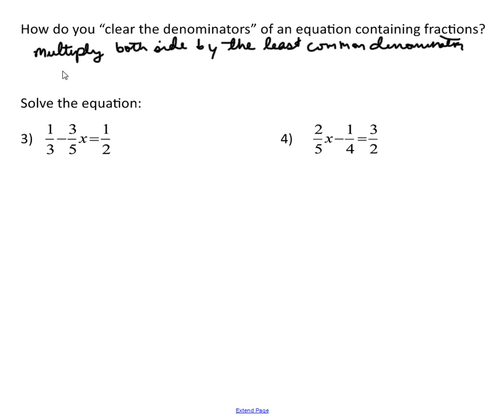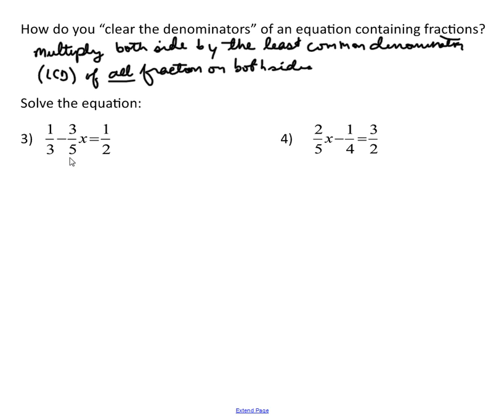And I'll add to that least common denominator, the LCD, of all fractions on both sides of the equal sign. So let's look at some examples on what we mean by that.